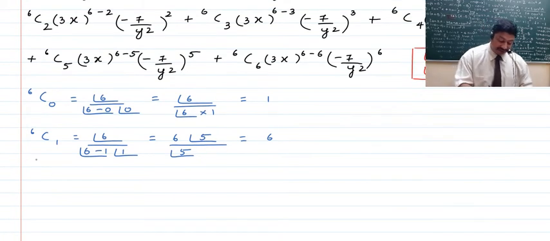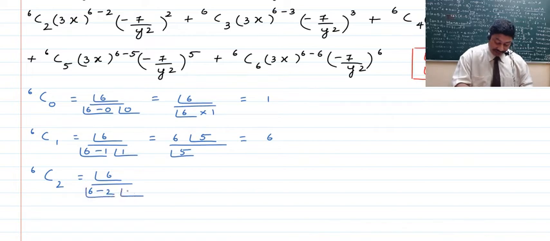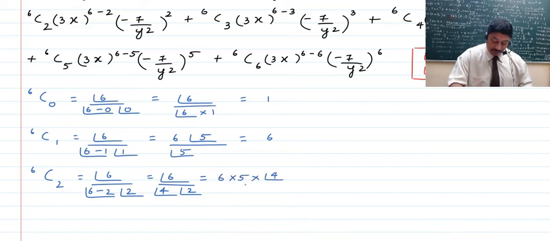Next, we talk about 6C2, and that, children, is going to come to factorial of 6 divided by factorial of 6 minus 2 times factorial 2. So further, this becomes equal to factorial 6 divided by factorial of 4 times factorial of 2. This can further be written as 6 into 5 times factorial of 4, divided by factorial of 4 and multiplied by 2 into 1.